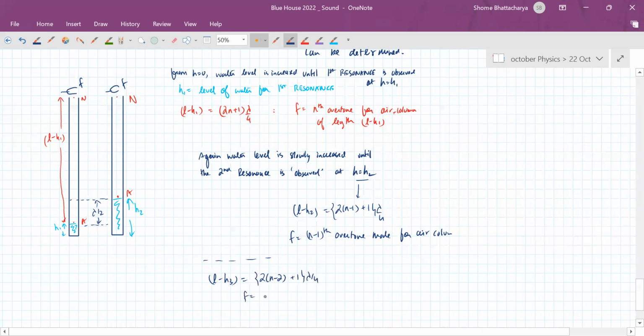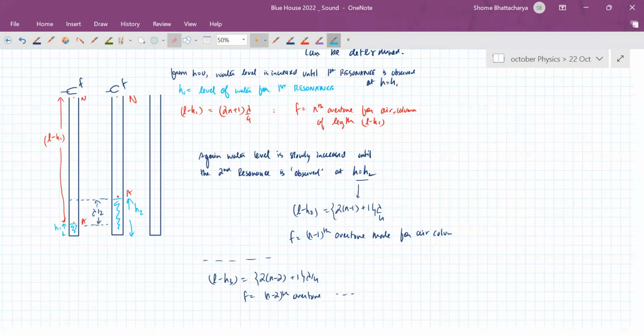So basically now you can see from this that the difference in water level for any two consecutive resonances that we'll see will be equal to lambda by 2.